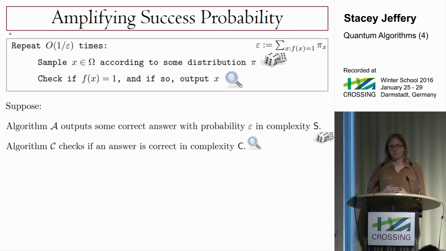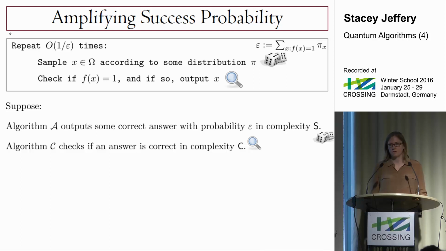So we sample some output of the algorithm, and it's correct with probability epsilon, and then we check if the algorithm is correct, and we keep repeating this some number of times, 1 over epsilon, or some constant times 1 over epsilon, and then with high probability, say 9/10, we get a correct outcome by the end of this procedure.